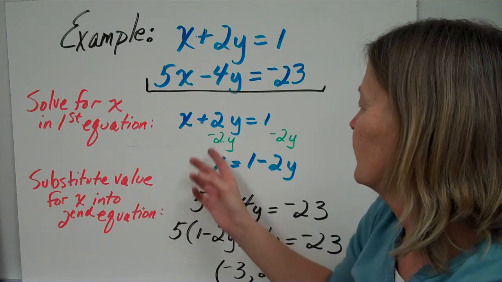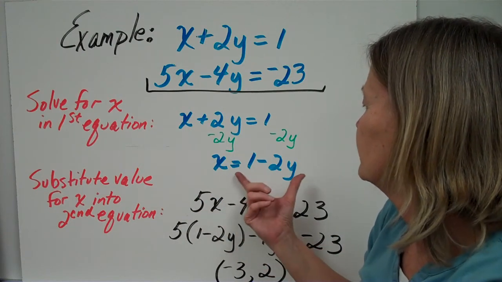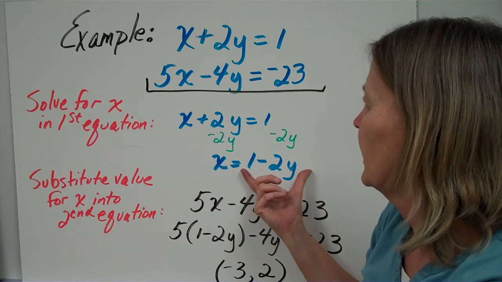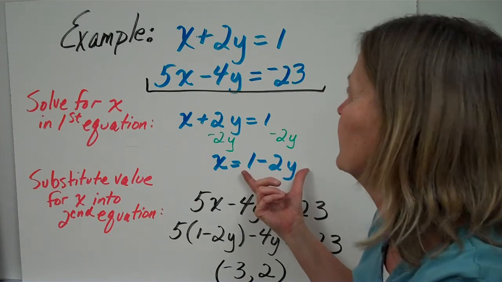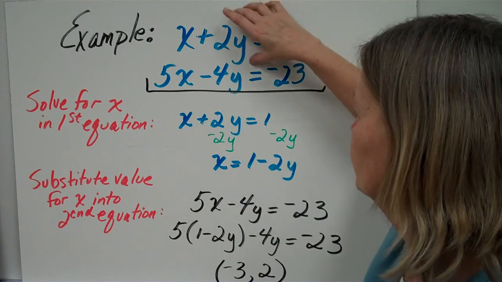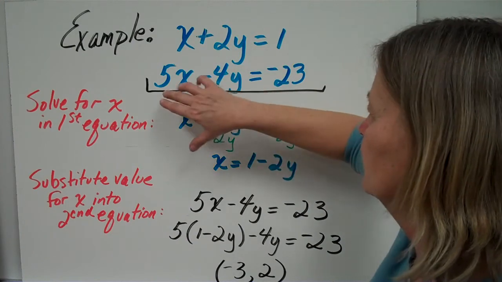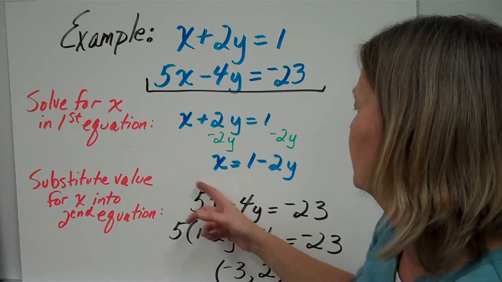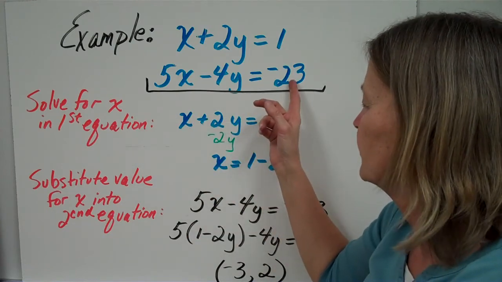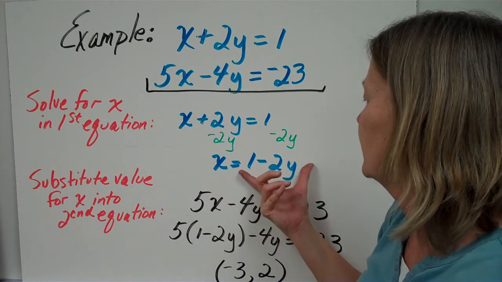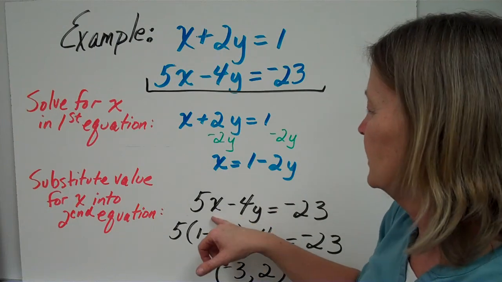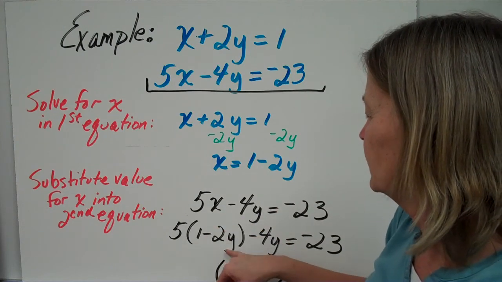So in this one, solve for x, and then you're going to take that value for x and put it into the other equation. We already used this first one to get the value. Now, what you get, you have to put into the second one. So here, if it's 5x minus 4y equals -23, take this value for x and put it in right here, 1 minus 2y.